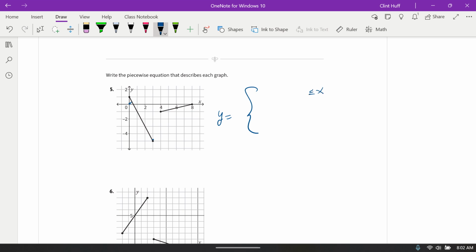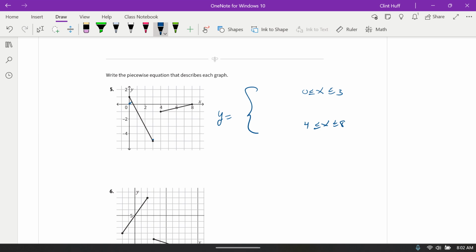So x is greater than or equal to 0, less than or equal to 3. And the next branch goes from x is greater than or equal to 4 and less than or equal to 8.